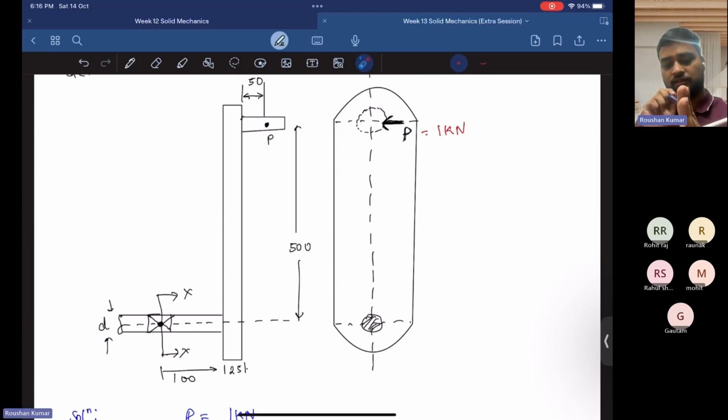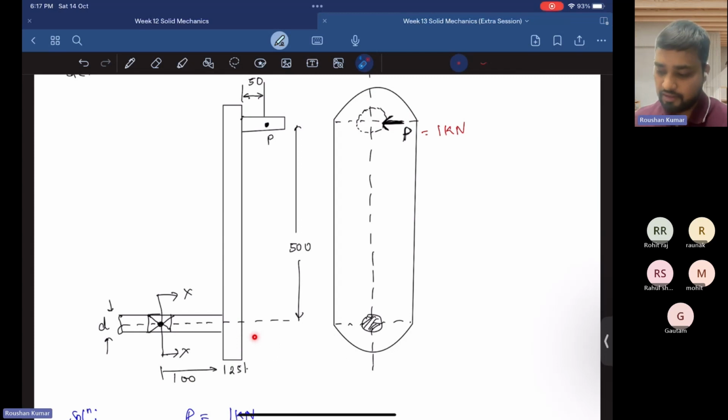So what is the distance of this bending moment? This is the location of the crank pin. This distance is from the section x-axis, and this is the point of load P. So P into this perpendicular distance will give us the bending moment value. So what is the distance here? First we have to calculate this distance because load P is acting here.